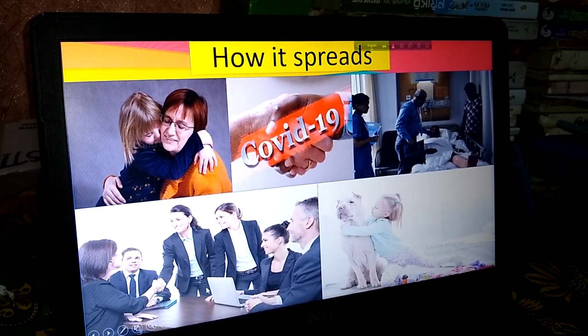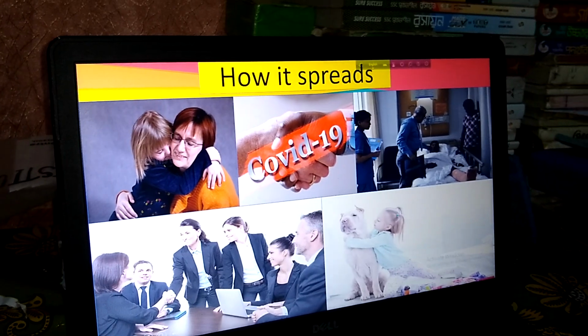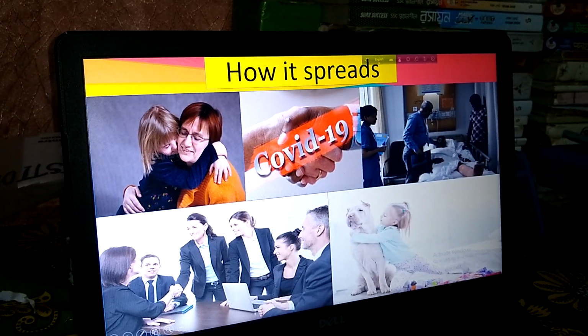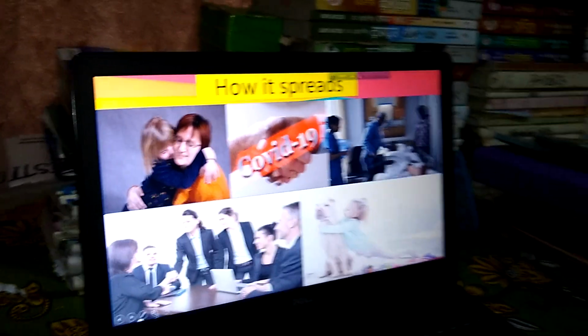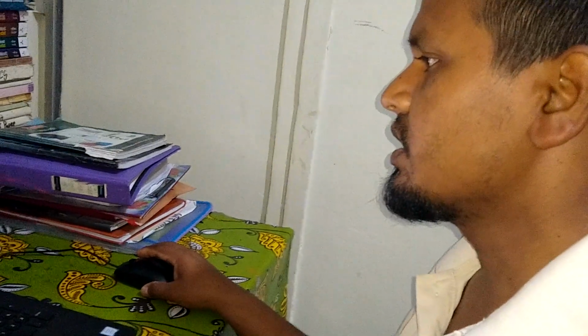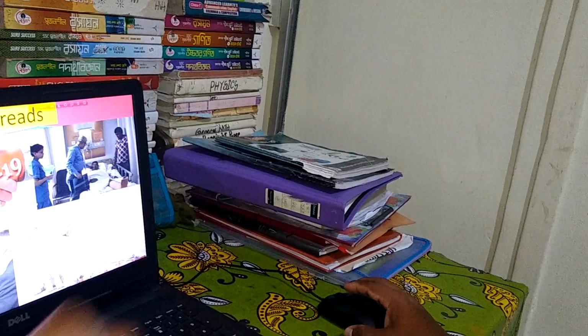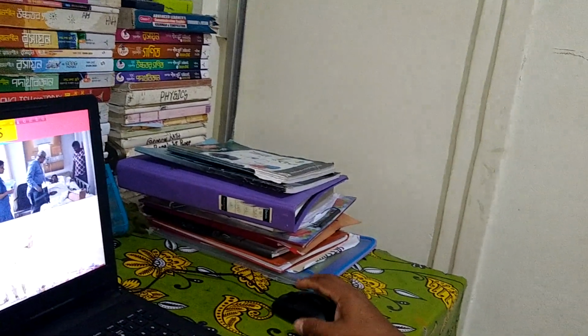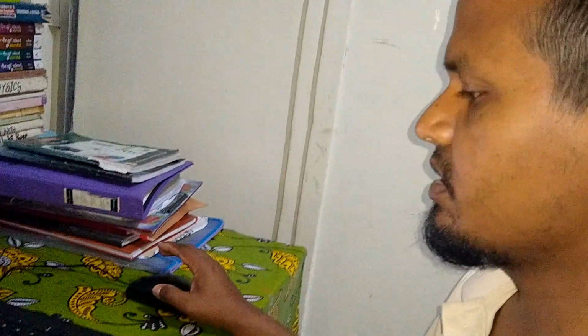And there is an official meeting, where they are in contact with one another. And in this picture, the doctors are checking the patient, but he doesn't have that much safety. So if the doctor doesn't maintain safety, then he may be attacked also.